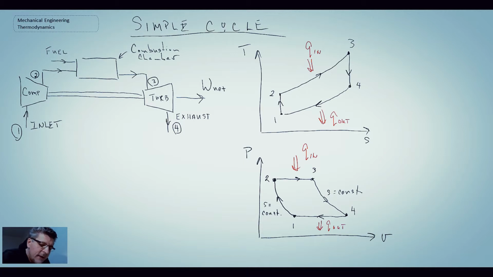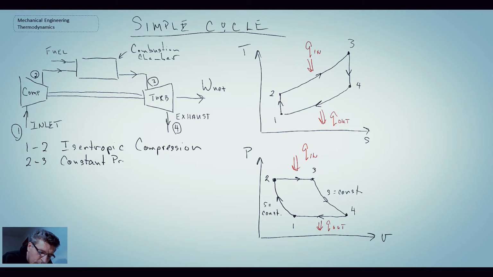So labeling the different steps of our process, 1 to 2 is isentropic compression. 2 to 3 is constant pressure heat addition, and that's in our combustion chamber.